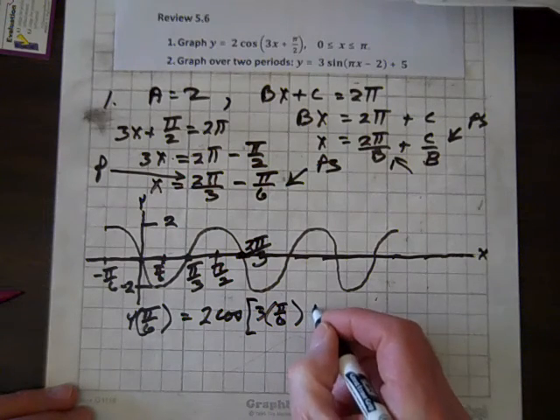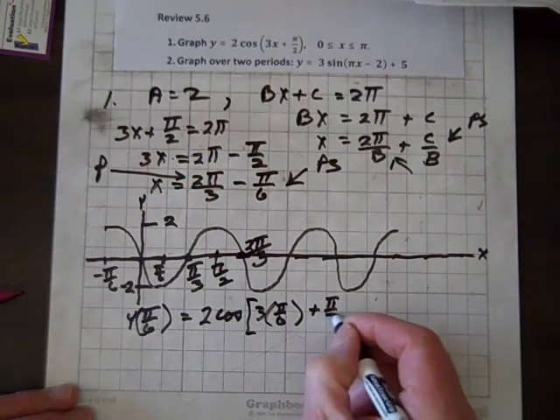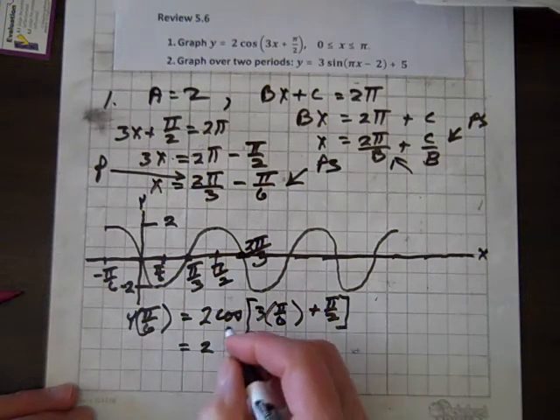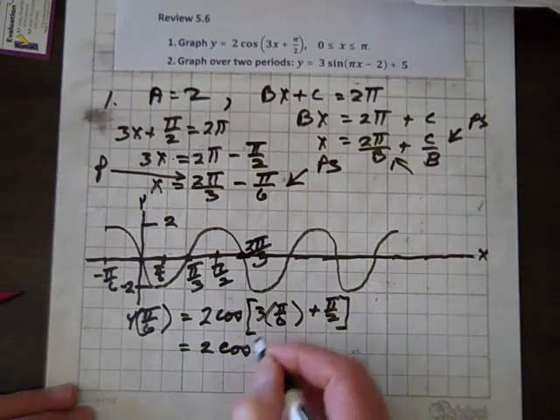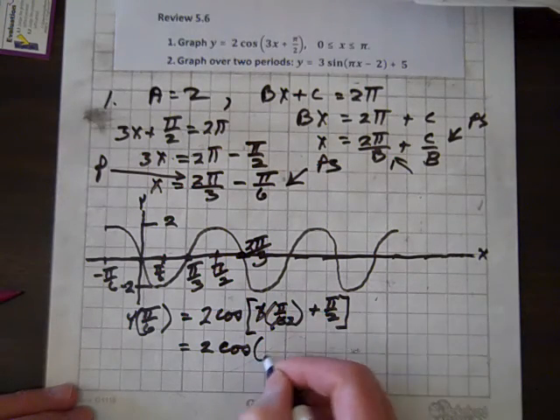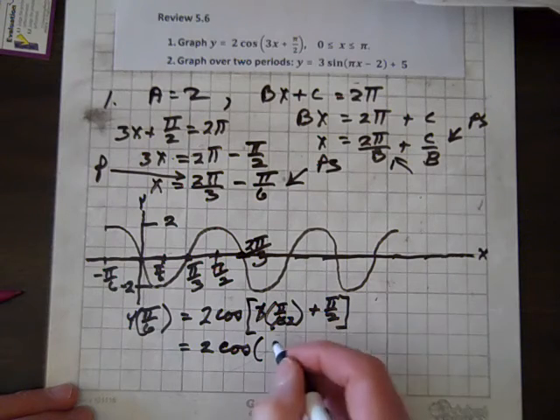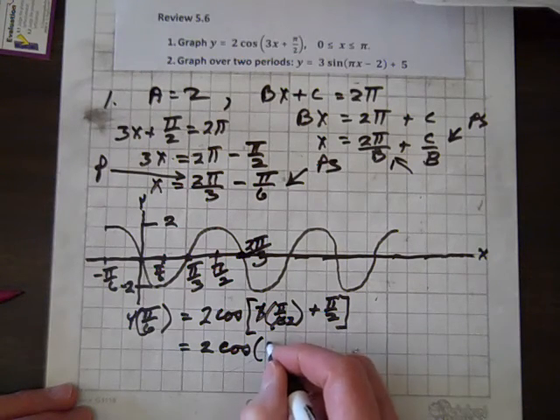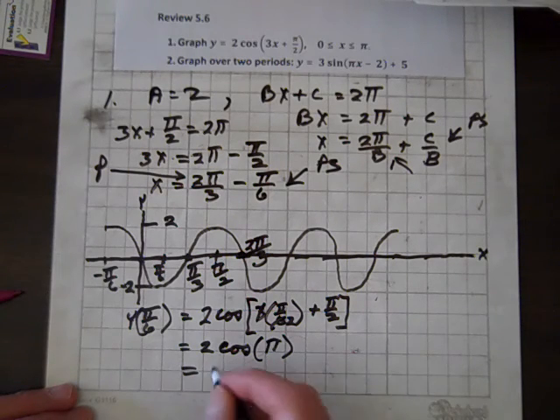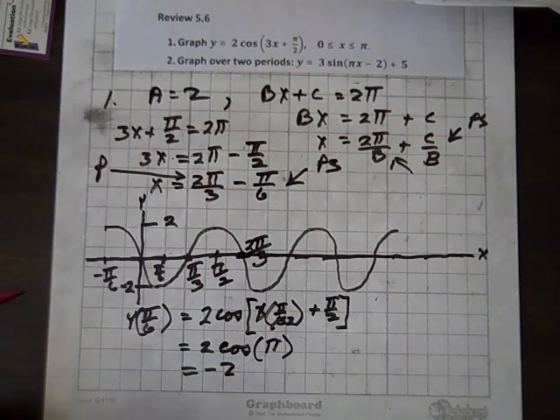And then we have this plus pi over 2. So this equals 2 times the cosine, and 3 goes into 6 twice, so we've got a pi over 2 here plus a pi over 2. 2 pi over 2's is pi. And the cosine of pi is -1, so we get -2. Hey, we did it right. Good.